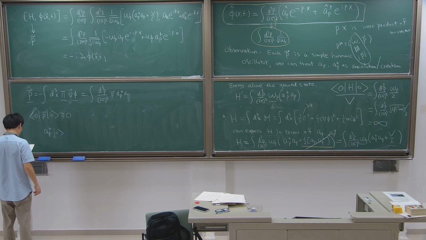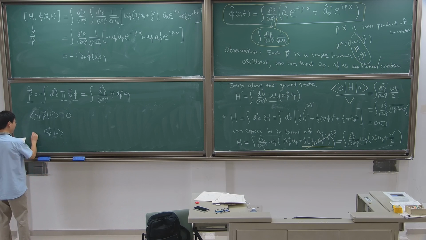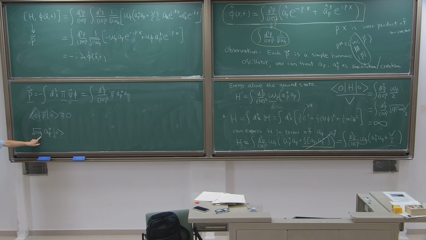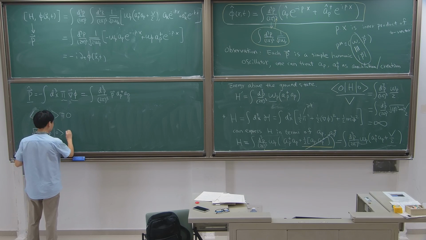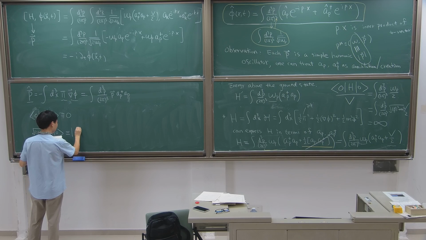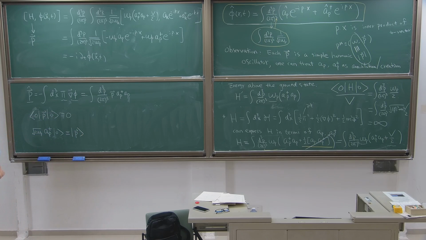Now, let's try to rewrite a little bit. Let's combine it with a normalization factor in omega_p, 2 omega_p squared. We just have this number. This is not an operator, it's a number coming from normalization. I rewrite this whole object as a single particle state, which carries the physical momentum p.